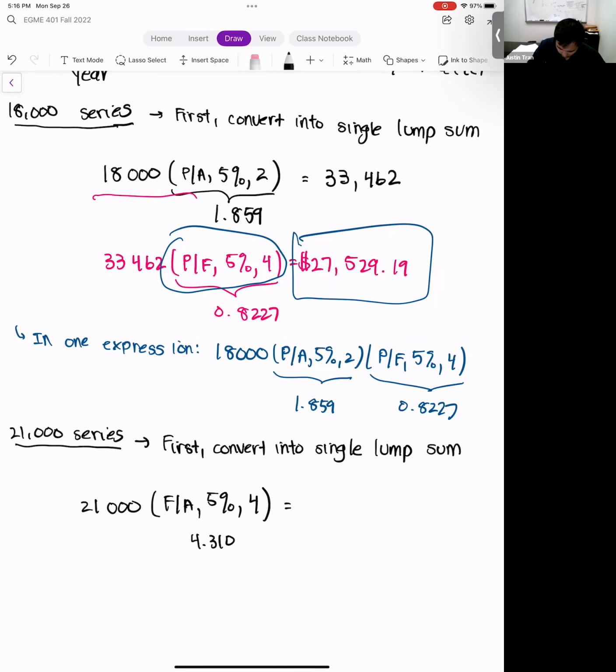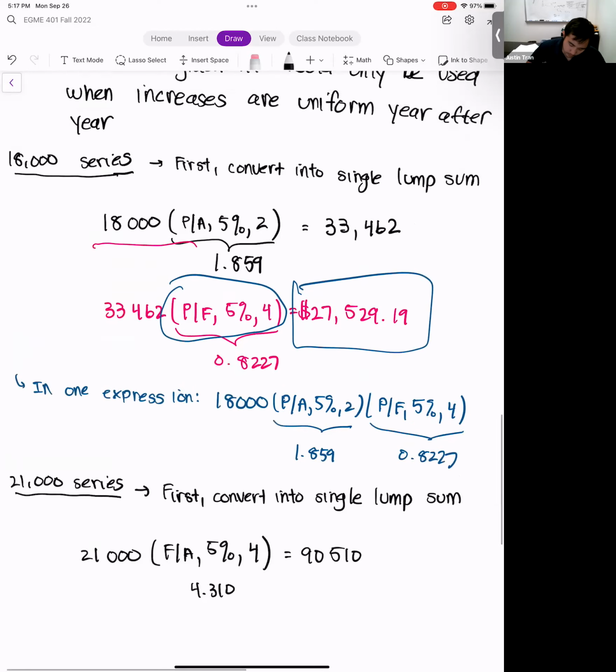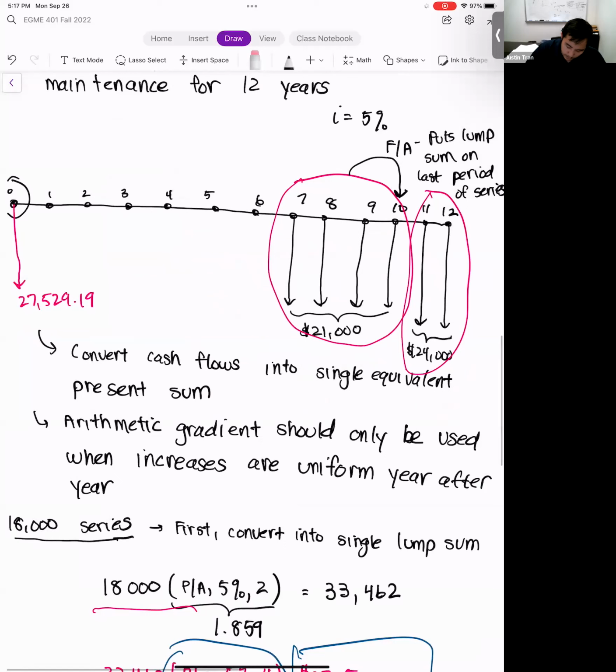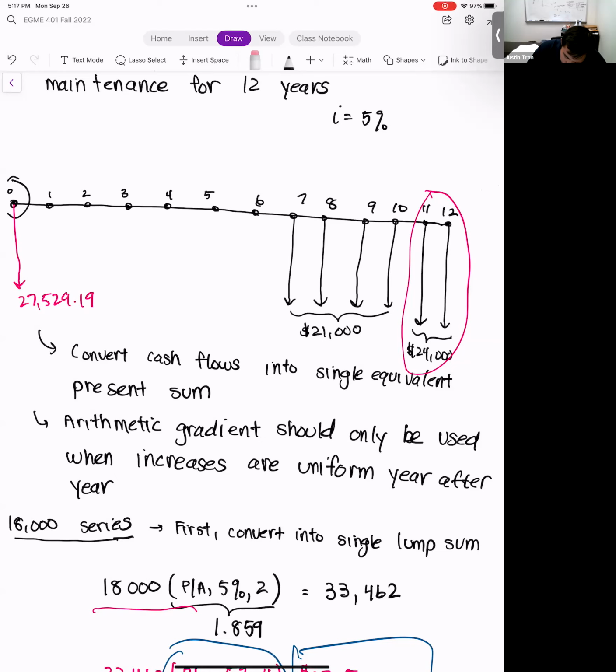So we'll punch that into the calculator. 21,000 times 4.31. Okay, and we end up with 90,510. Okay, and so let me go ahead and update the cash flow diagram here. Okay, go ahead and erase all this.